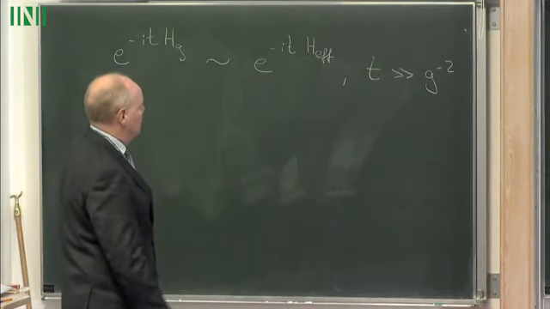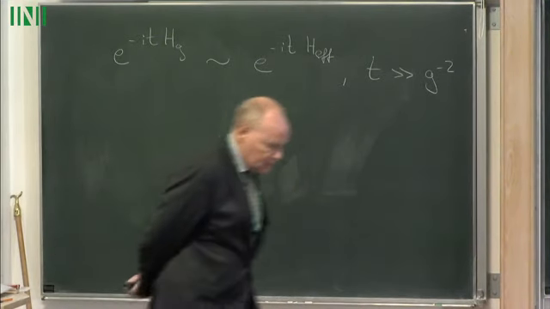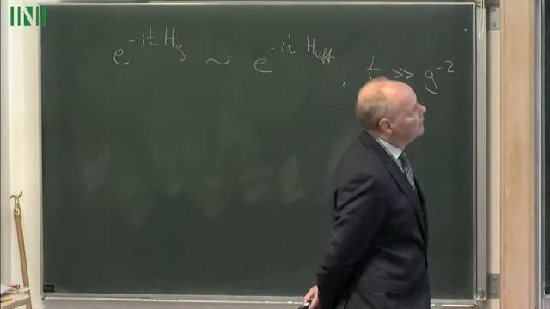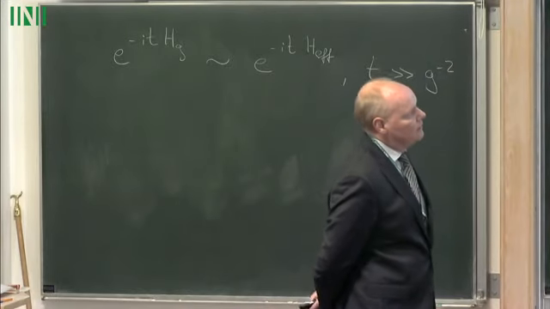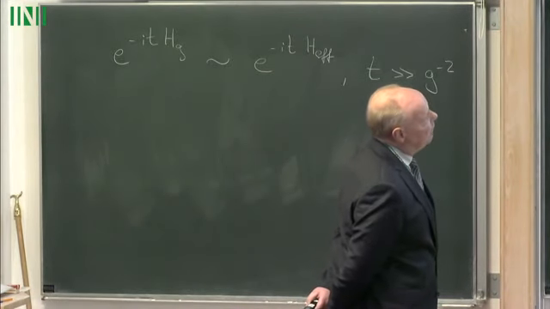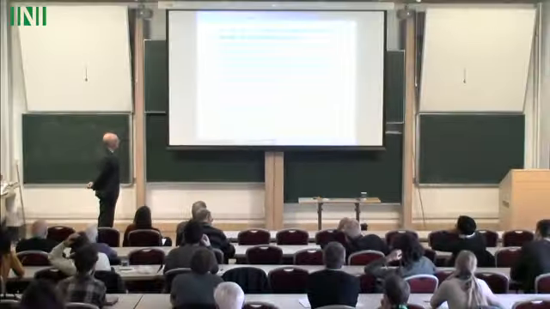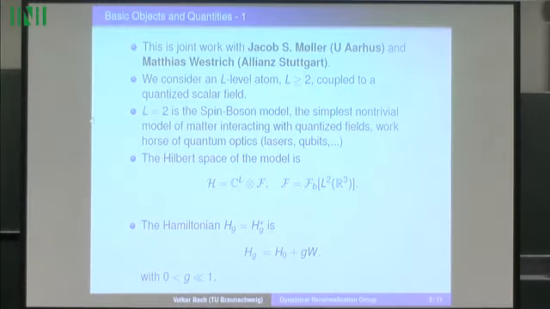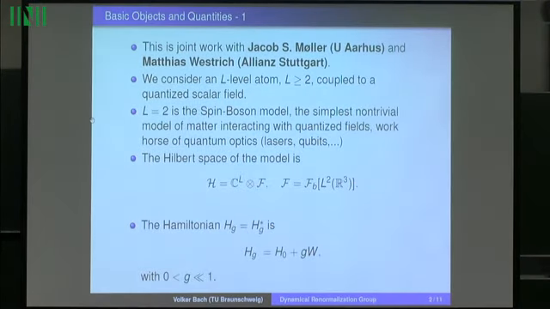So this we study concretely on a model which is simple yet non-trivial, of an atom, an L-level atom coupled to a scalar quantum field. If we have a two-level atom, if L, capital L, is 2, then the model I'm discussing here is known as the spin-boson model.